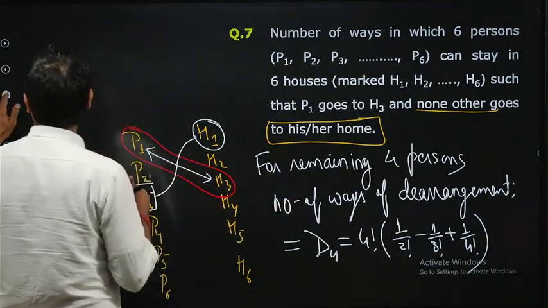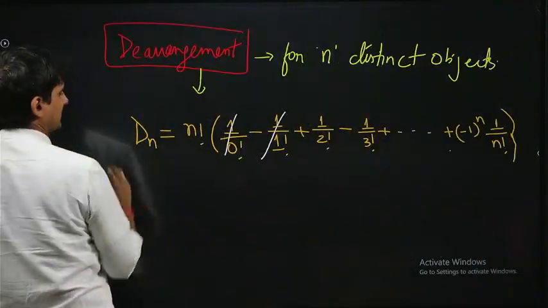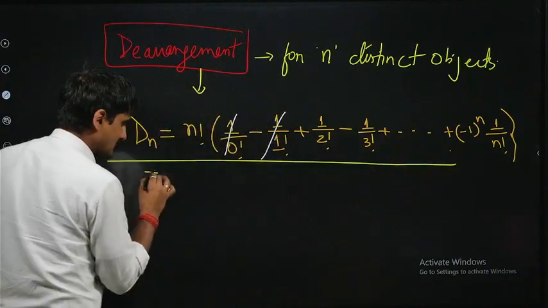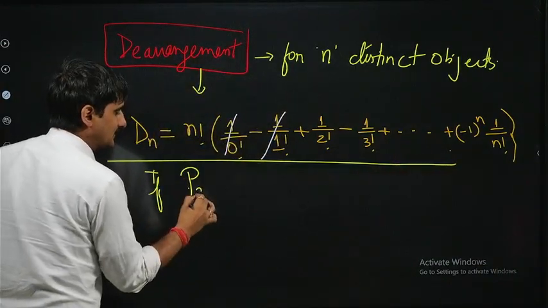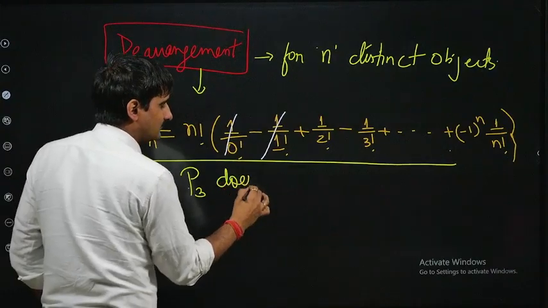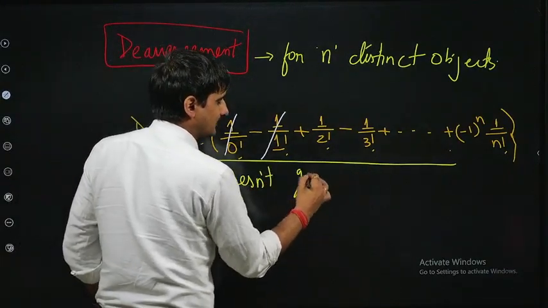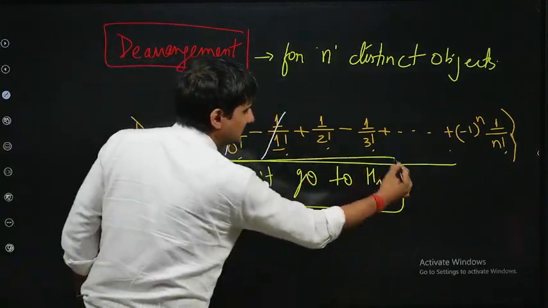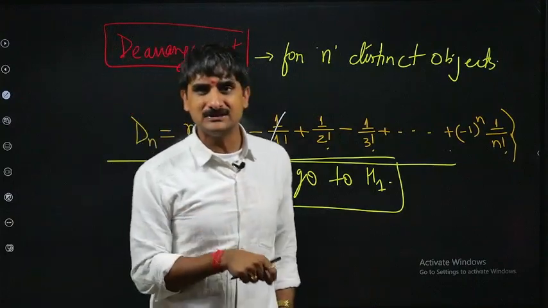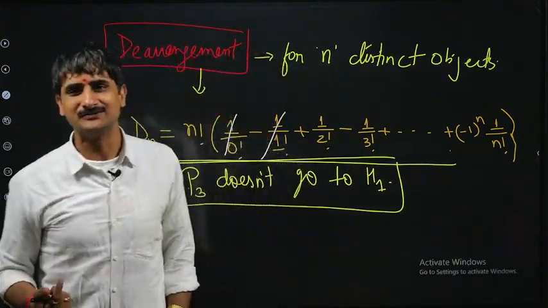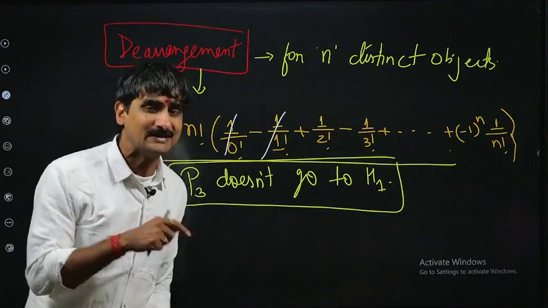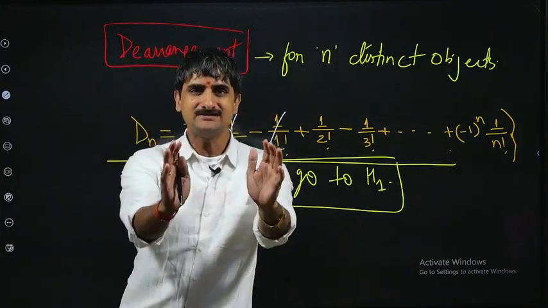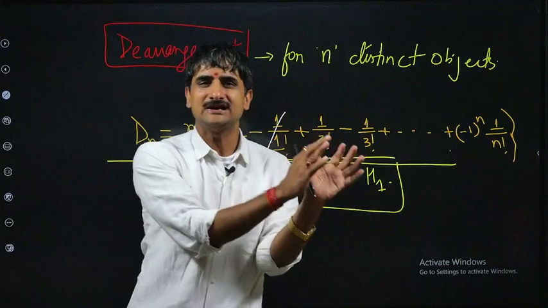But the other possibility is, what if P3 doesn't go to H1? So these are actually two different possibilities. Either P3 will go to H1 or it will not go to H1. Now for P3 not going to H1, as I said, we have imagined that P3's house is H1.